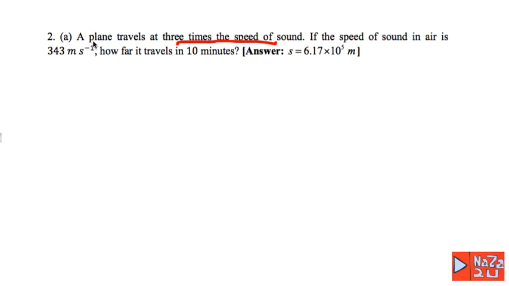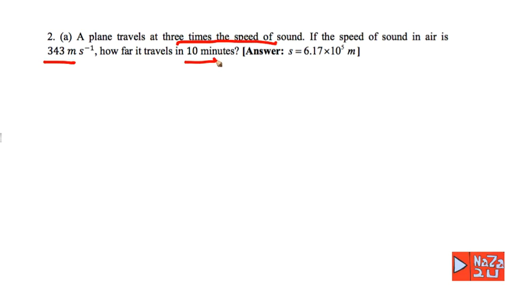Number 2, a plane travels at 3 times the speed of sound. If the speed of sound in air is 343 meters per second, how far does it travel in 10 minutes?